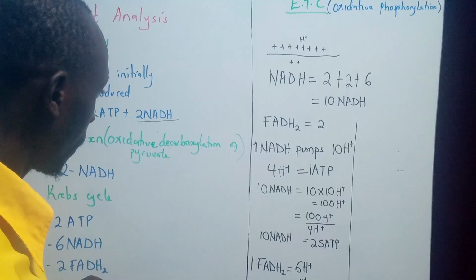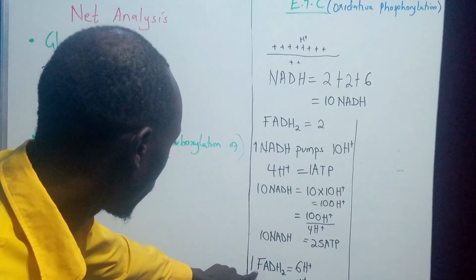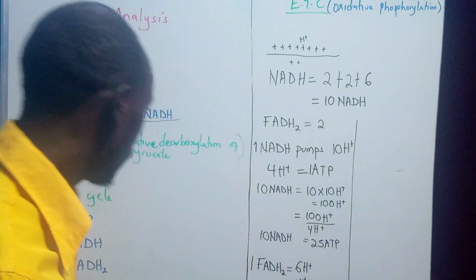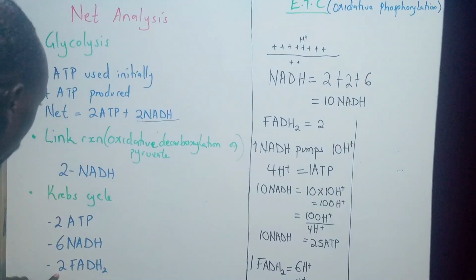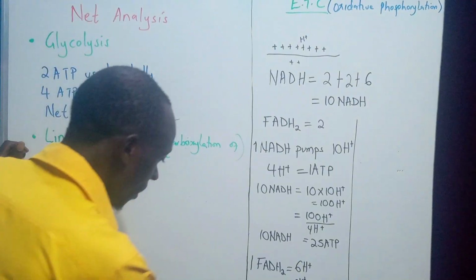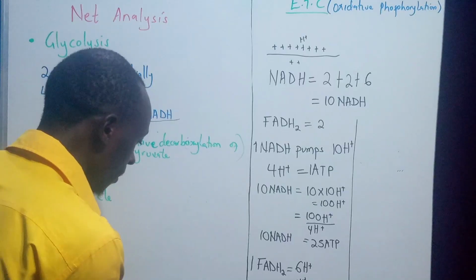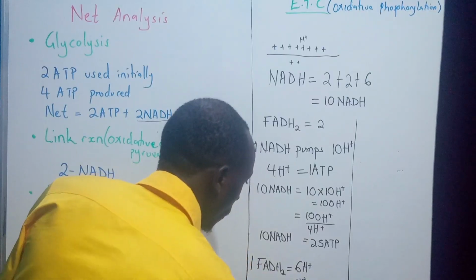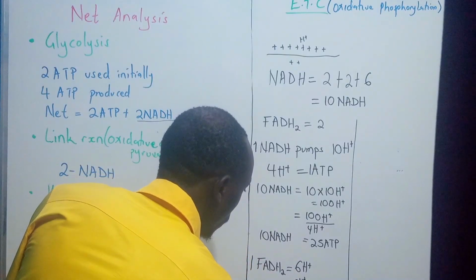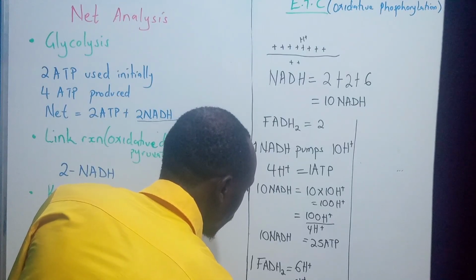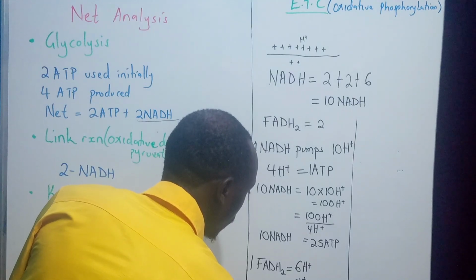adding at that stage. So if we have a single FAD molecule producing 1.5 ATP, then what about 2 FAD? Because if you look at the Krebs cycle, we're having 2 of the reduced FAD. So it implies that if you're having 2 reduced FAD at that stage, we're going to have 2 times 1.5, so giving us 3 ATP.